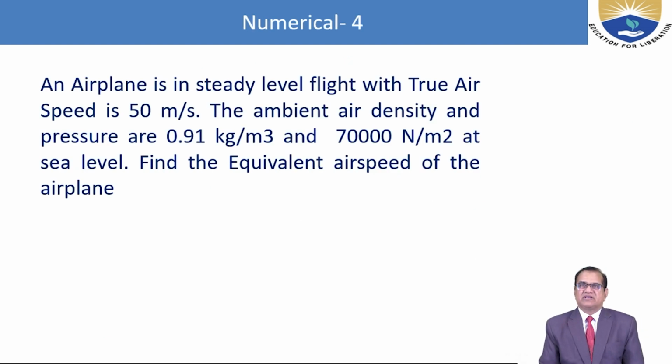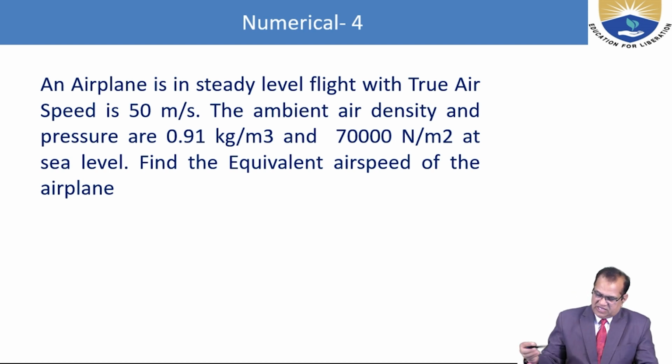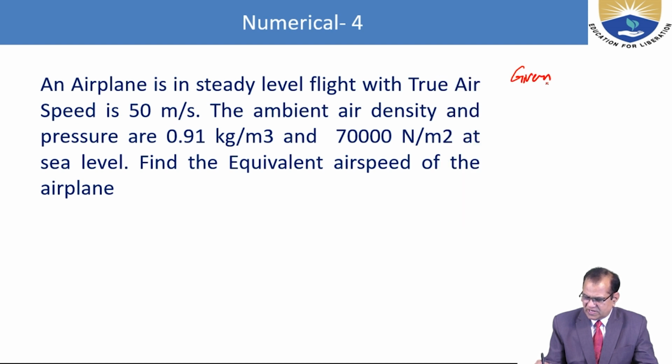Now I am on numerical number 4. An airplane is in steady level flight with true airspeed of 50 meter per second. So here, given the first thing, the true airspeed is equal to 50 meter per second.